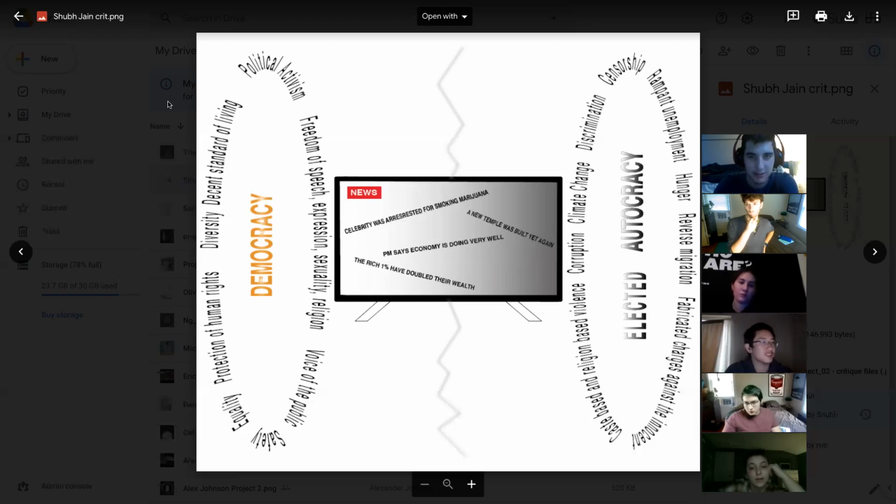Going off of that, combining the idea of blocking the democracy with the news and whatnot, making the elected autocracy bigger than democracy, because the sizing shows that one is more important than the next. And also maybe if you found different colors that represent certain things. Like this color represents evil, and another color might represent hope or something, things like that.